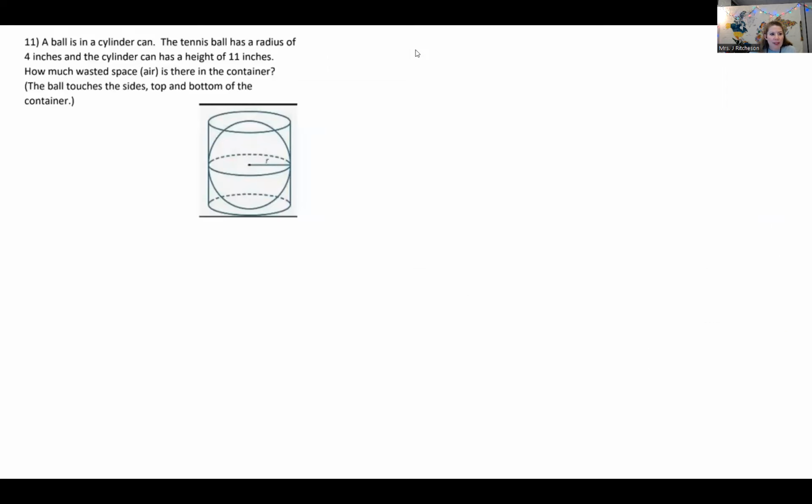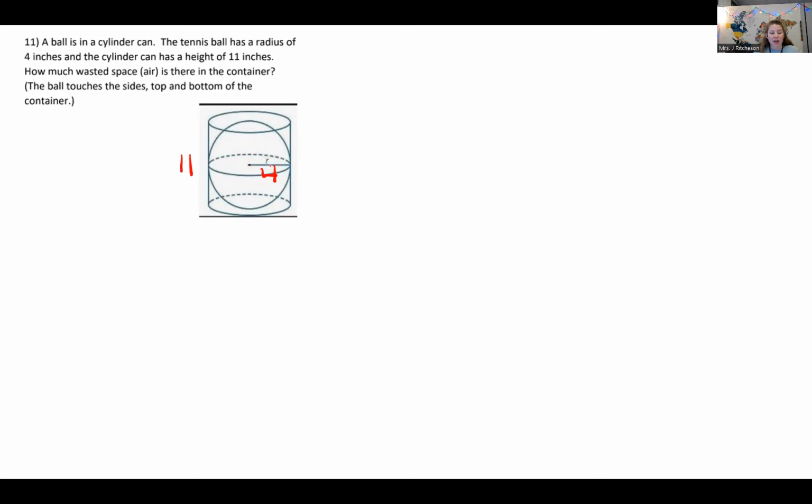All right, number 11, a ball is in a cylinder can. The tennis ball has a radius of 4, so our radius is 4. The cylinder has a height of 11. How much wasted space or air is in the container? So the ball touches the top and bottom and both sides of the cylinder.